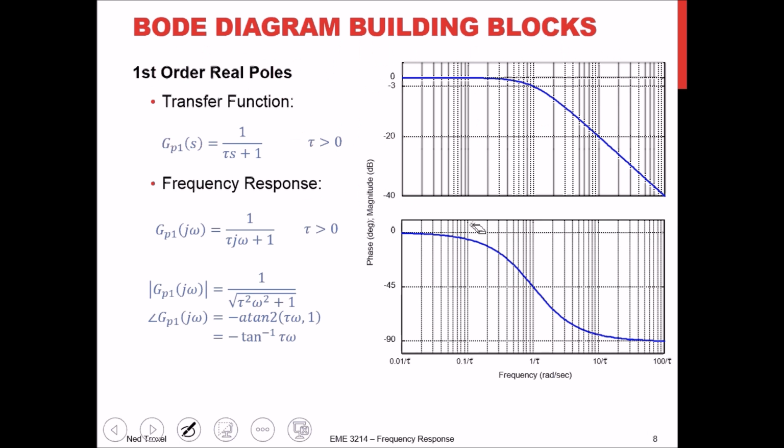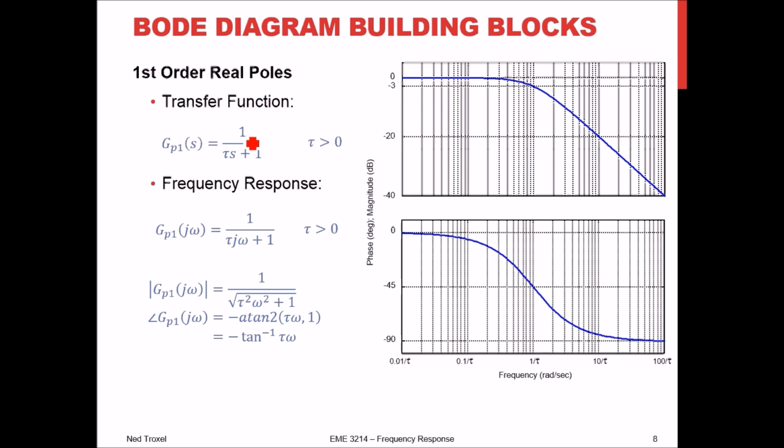Let's keep moving. Let's take a look at how each of these poles, zeros, and gains affect the Bode plot. What are they going to do? For starters, let's take a real pole with a static gain of 1.